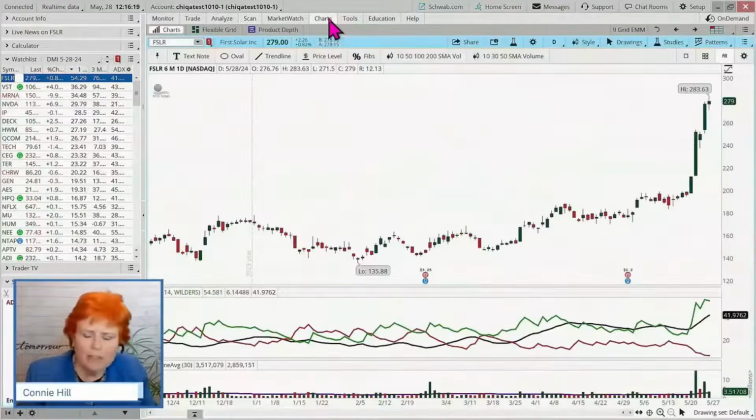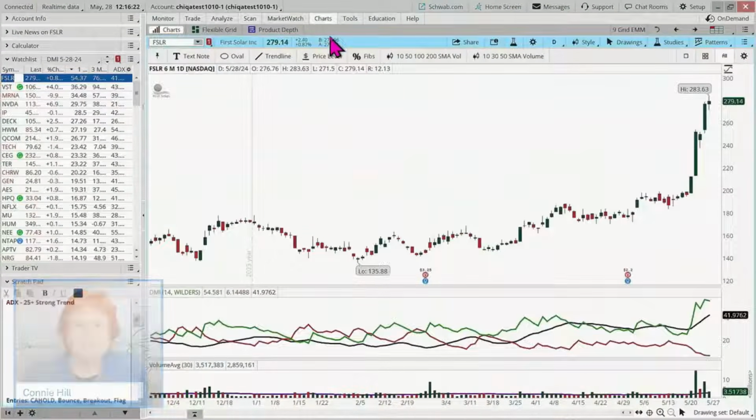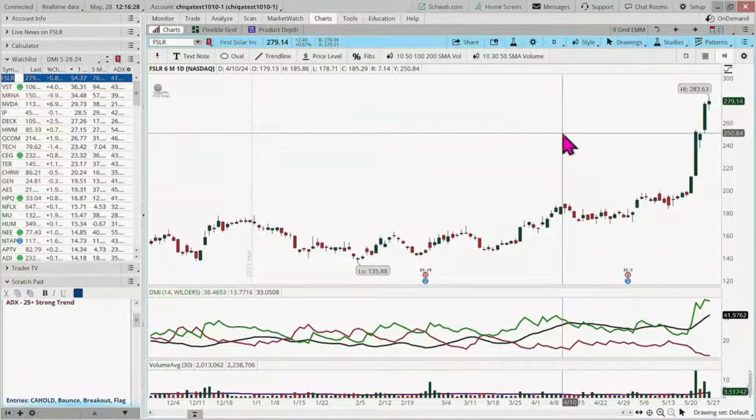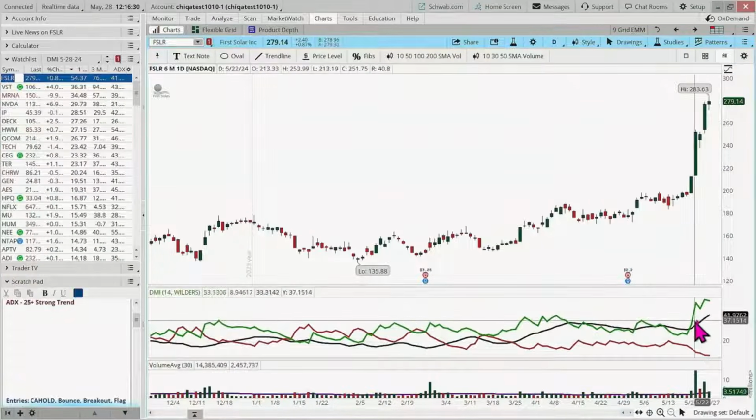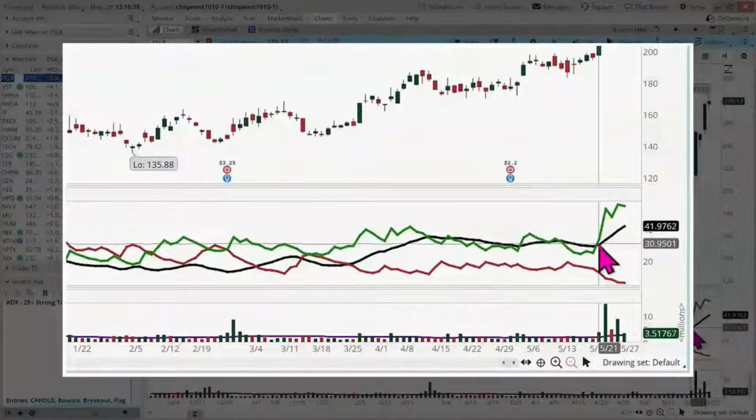All right, now we'll go back to First Solar. So if it's gone up that much, yeah, you could say, yeah, it probably is trending, right? No doubt, Connie. But let's look at what we have here. So our DI positive, look how sharply this has been going up here recently. Yeah, it's moving in a very directional move upward, and its value keeps getting bigger and bigger every day.